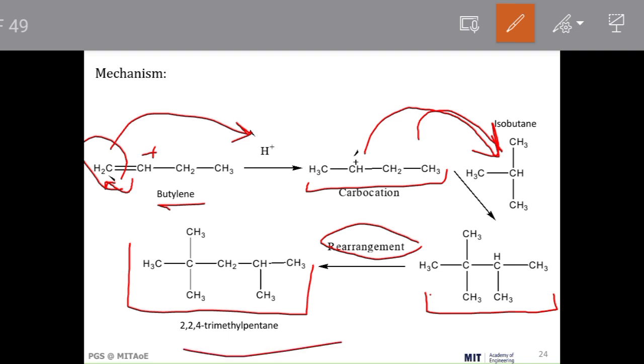So this is the overall mechanism of this reaction. We have already learned the mechanisms of various reactions in 12th class. In this subject, our objective is not to understand the mechanism of reactions. Our objective is just to understand the name of the unit process, what is happening in it, and what the applications of these unit processes are in various industries.